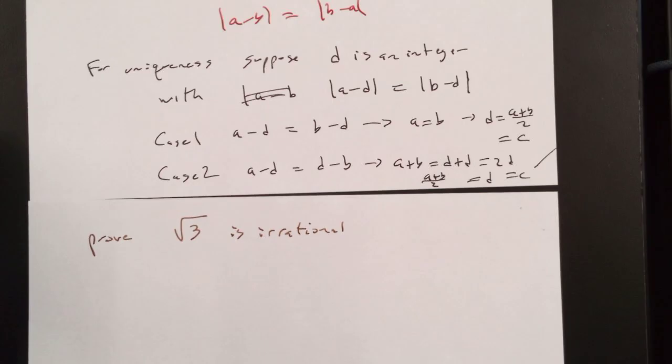And my first reaction would be, I don't know where to start with this. But didn't we do a proof about the square root of 2 being irrational? I'll bet we could adapt that, couldn't we?